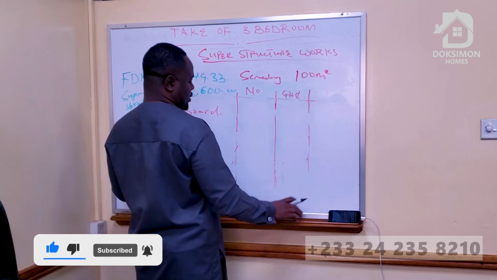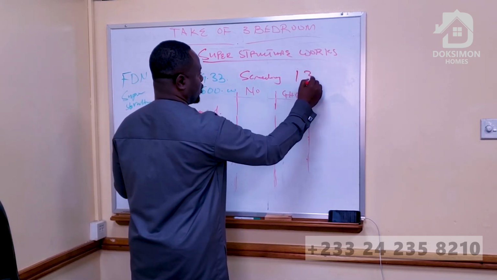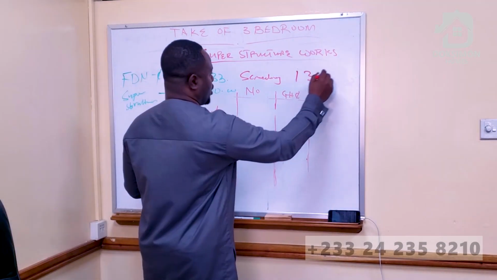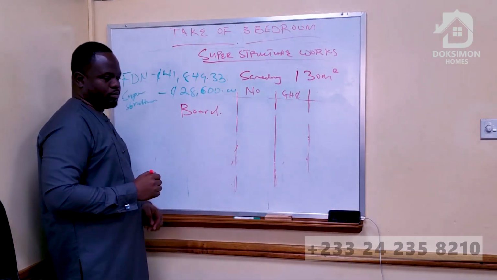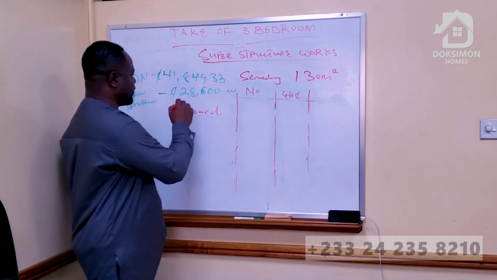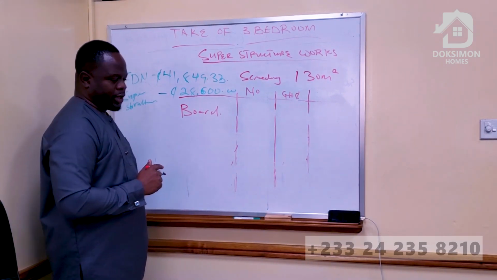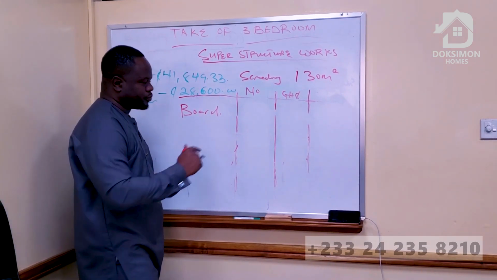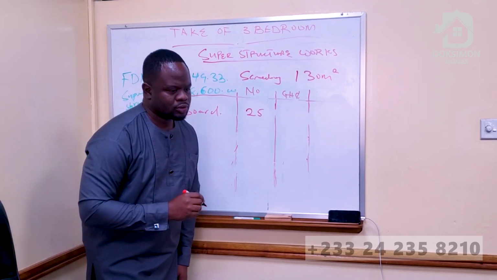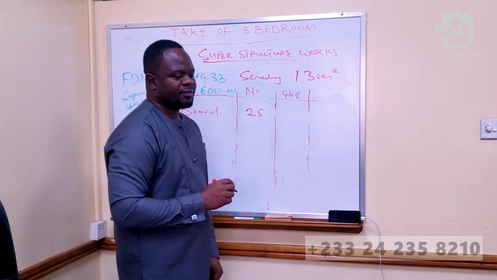We are looking at an area of 130 meter square for the preparation of the floor to be made. Okay. So the board, we just need 25 pieces.